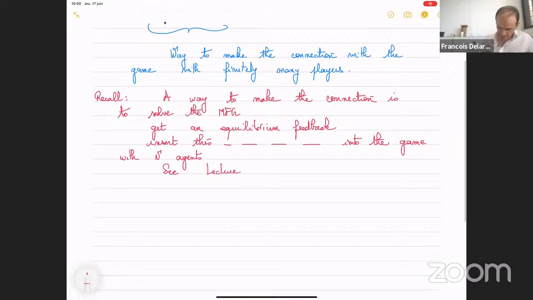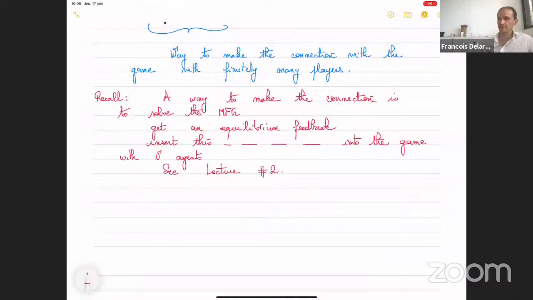I explained that this was absolutely justified from the practical point of view, and even more, this is a way to obtain what we call decentralized approximate equilibria, in the sense that to implement the resulting strategy, once you have computed the equilibrium feedback, you just need to plug in your own state. This is absolutely useful from the practical point of view.